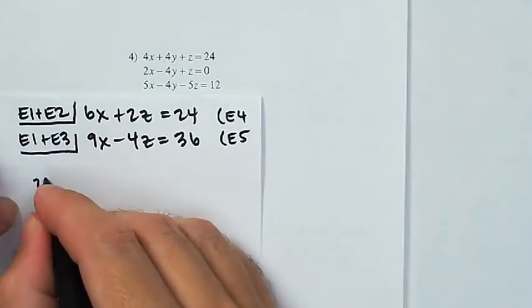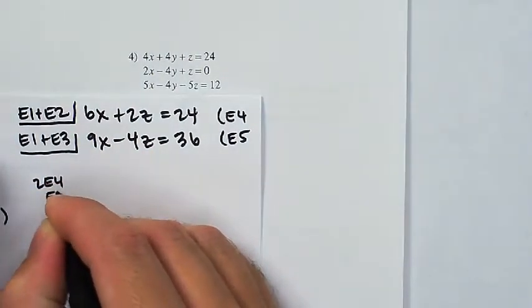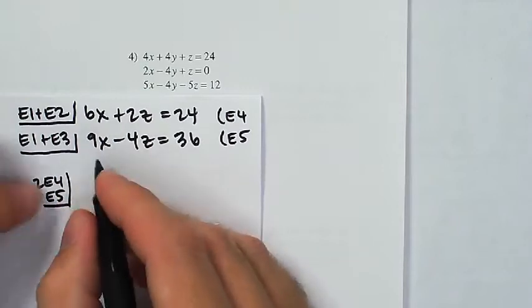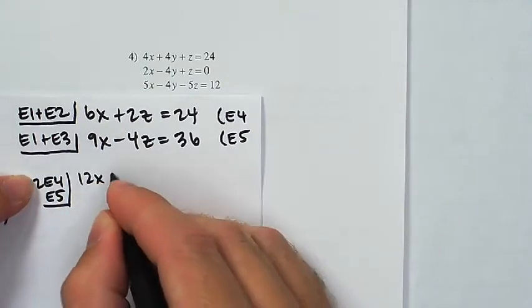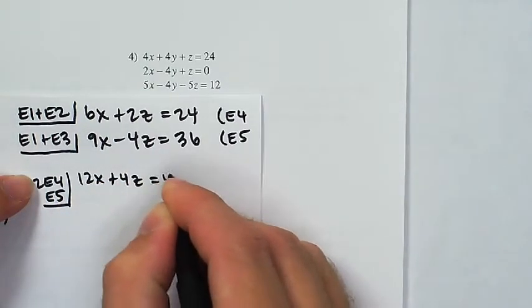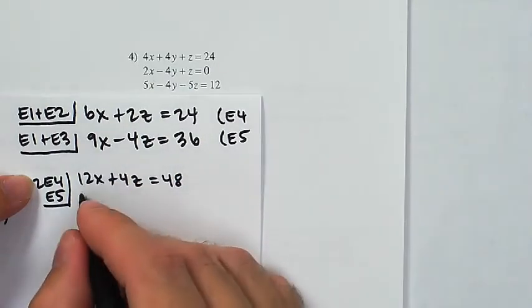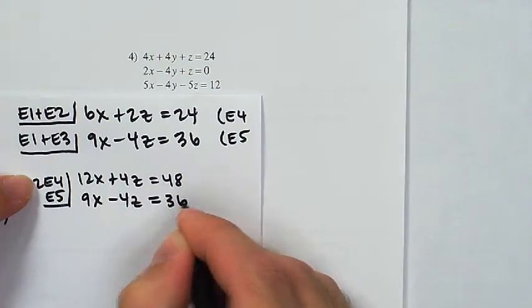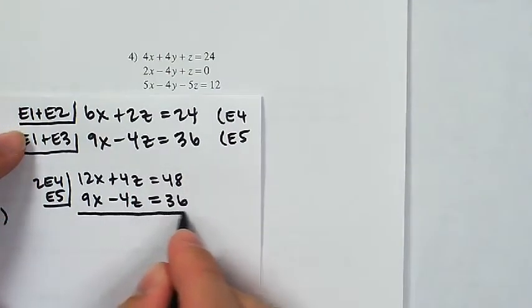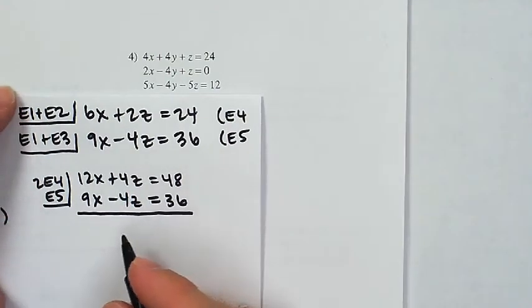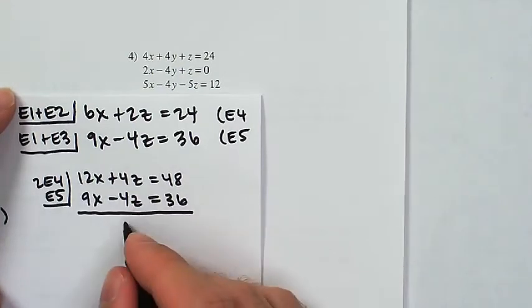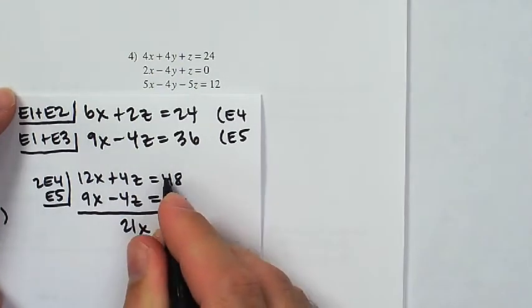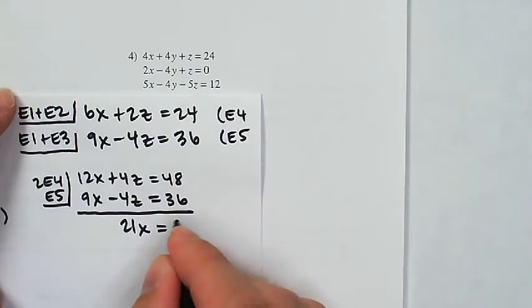So 2 of equation 4, and I'll add that to equation 5. 2 of equation 4 would be 12x, 4z equaling 48. And then equation 5 is 9x minus 4z equaling 36. Okay, so when I add all this together, I'm going to get 21x's, no z's, equaling 84.